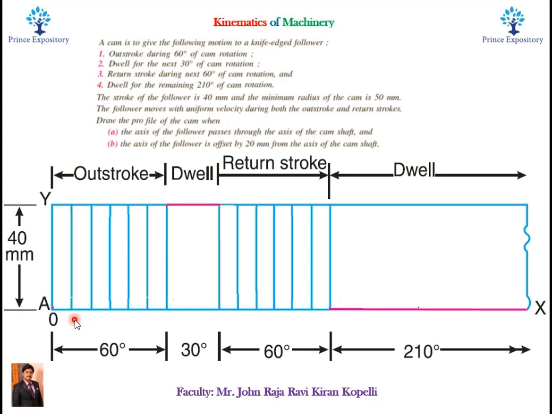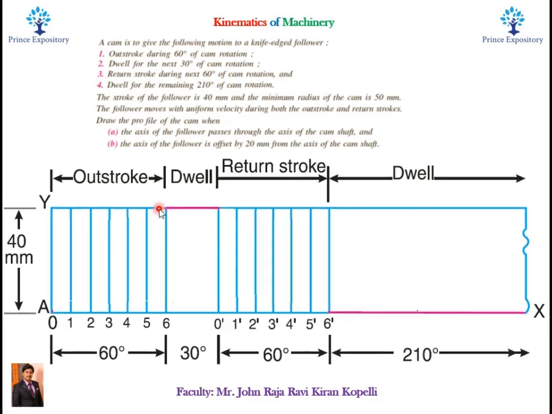Now, the next thing is that the follower moves with uniform velocity during both the outstroke and return strokes. Now observe very carefully. We will join this point A to the starting portion of the dwell. Before joining, we have to number the divisions 0 to 6 in the outstroke, and 0 dash to 6 dash in the return stroke.